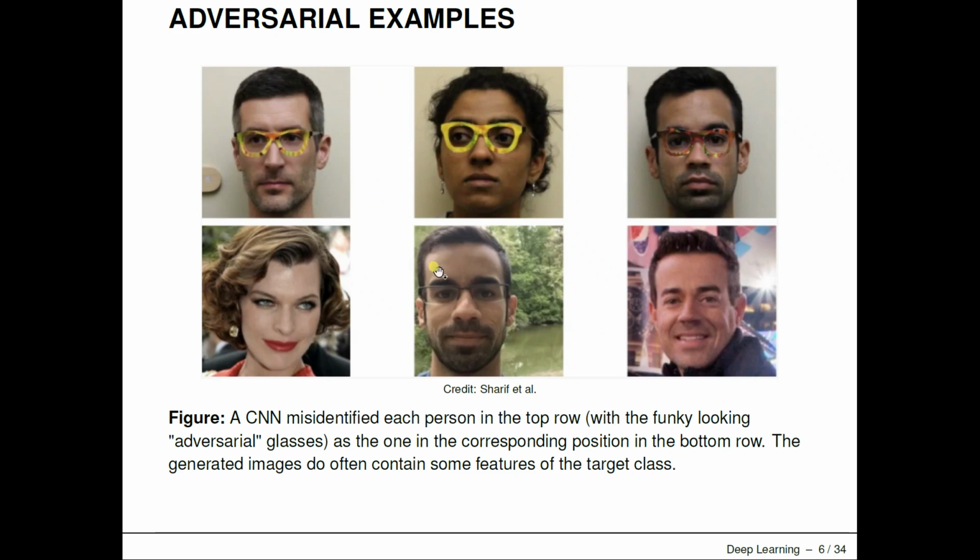These adversarial examples are not anymore imperceptible by a human. You can see these glasses added to the photos, but they lead to a change in a prediction. The model is predicting celebrities in the second row, so only glasses are added, and of course it shouldn't change anything.